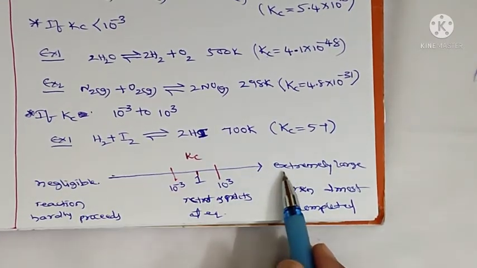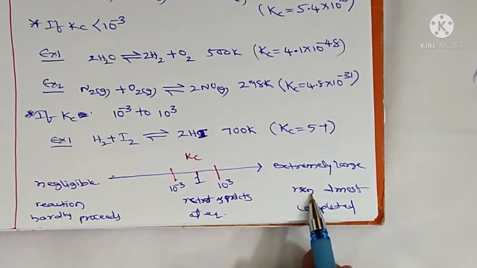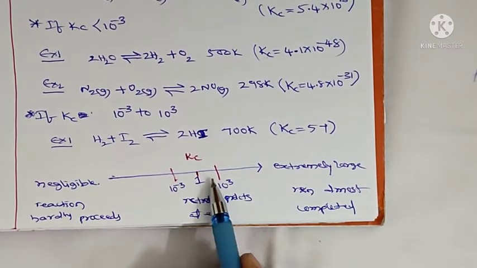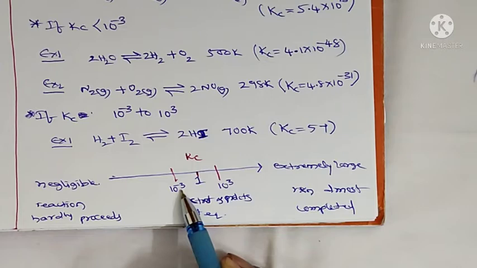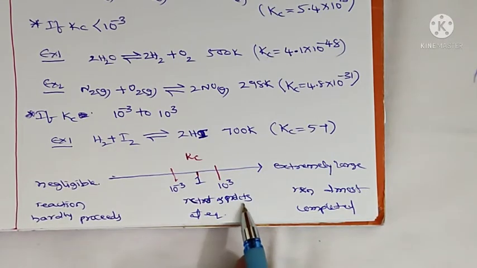If the Kc value is extremely large, the reaction almost completes. And for the Kc value between 10 to the power of minus 3 and 10 to the power of 3, the reactants and products are present at equilibrium.